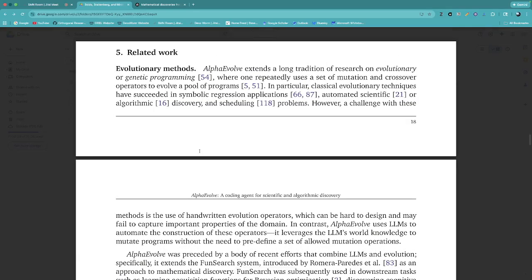Okay, so they actually get into their evolutionary methods here. AlphaEvolve extends a long tradition of research on evolutionary or genetic programming. It runs repeatedly, using a set of mutation and crossover operators to evolve a pool of programs. In particular, classical evolutionary techniques have succeeded in symbolic regression applications, automated scientific or algorithmic discovery, and scheduling problems.